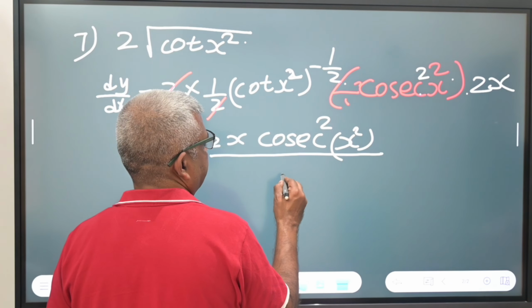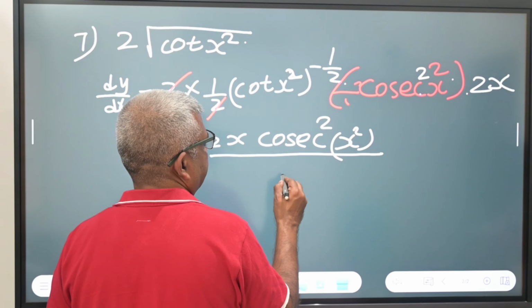Okay. Now this one and the square will be cancelled. I am writing clearly. Minus 2x over sin x squared.